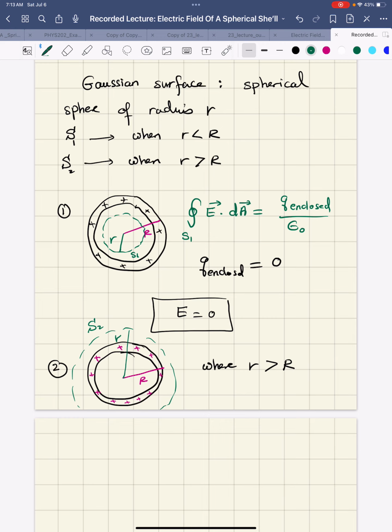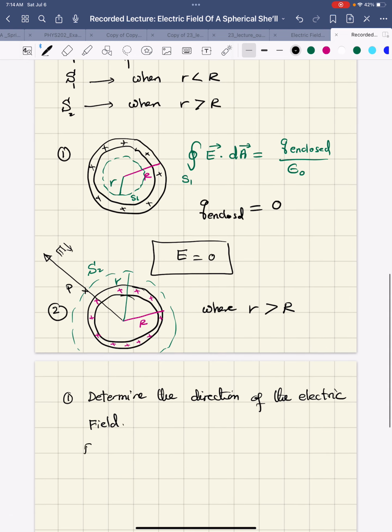This green sphere has r as a radius. Now the steps for Gauss's law. First, determine the direction of the electric field. It's very clear that, let's assume my point P is here, then I know that my field will be radially outward.